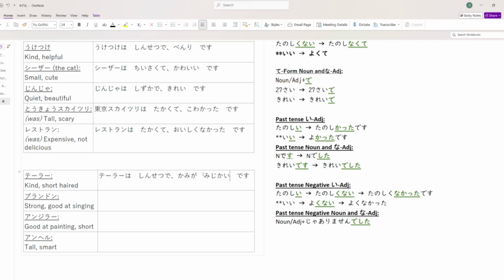It's not just shinsetsu de mijikai desu, right? It's kami ga mijikai. Gotcha. はい。読んでください。はい。全部。テイラーは親切で髪が短いです。はい。正解です。Okay.